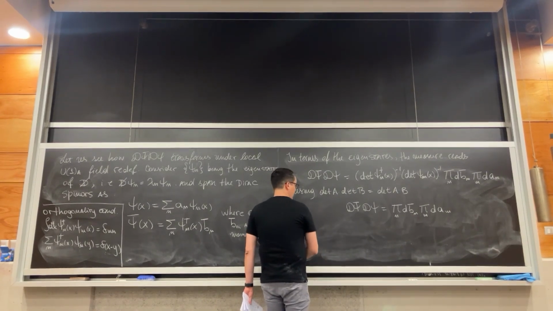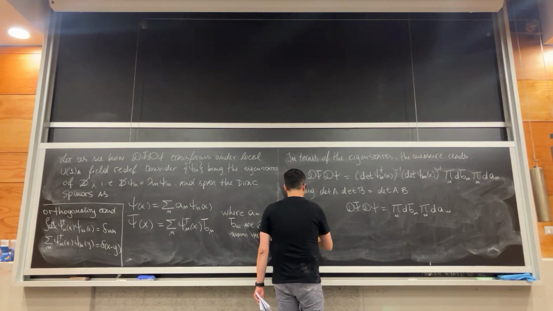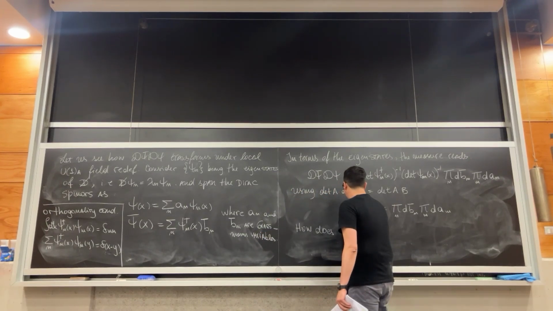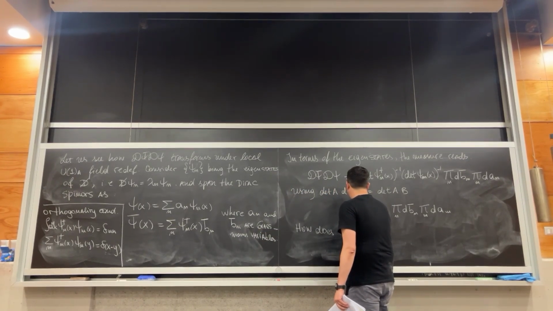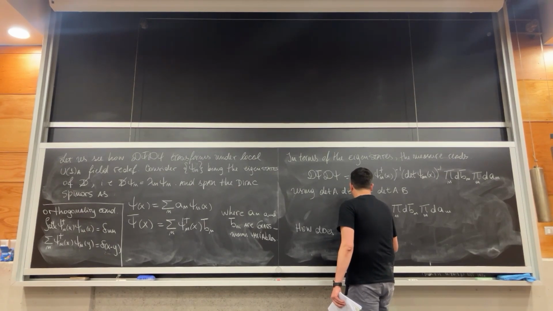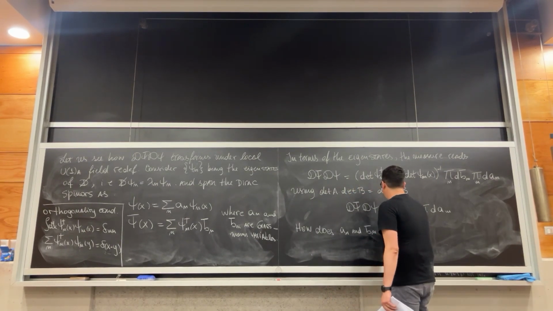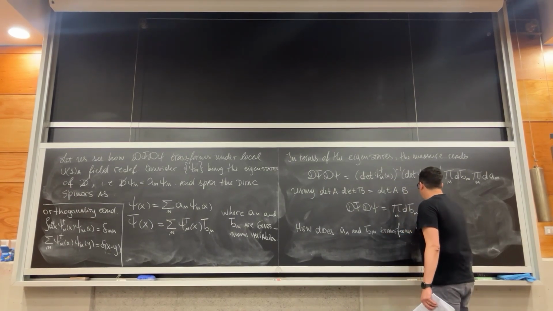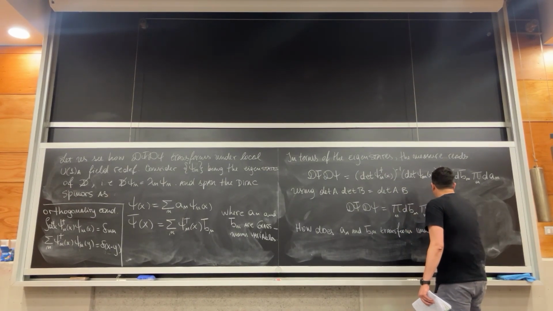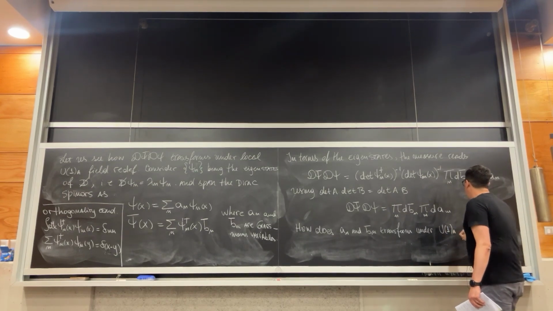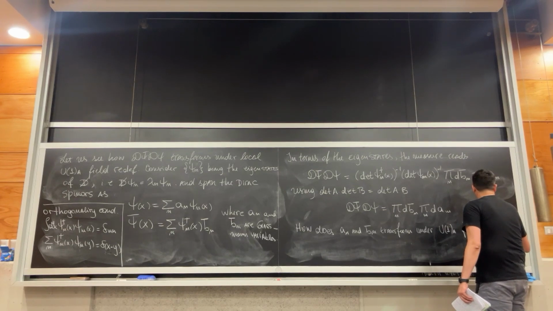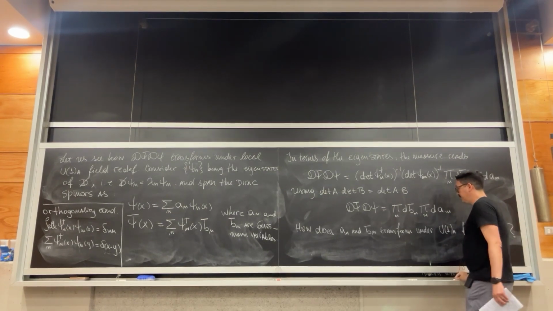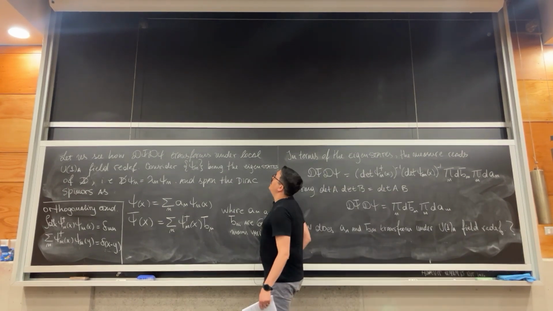Okay? So the question is, how do A and B transform under U1 axial field redefinitions? Let us see that.